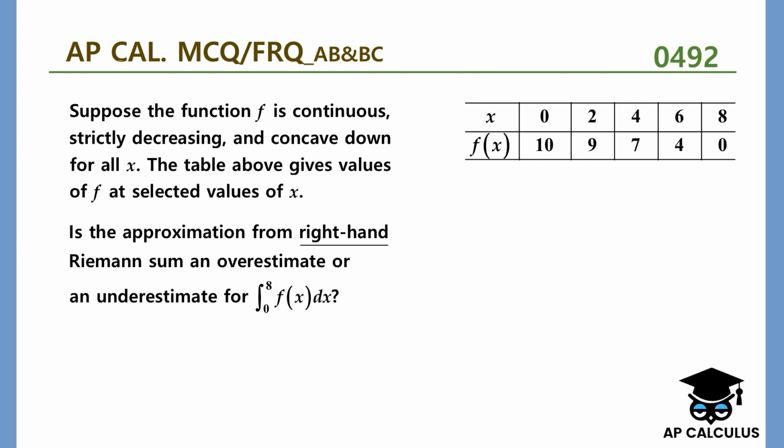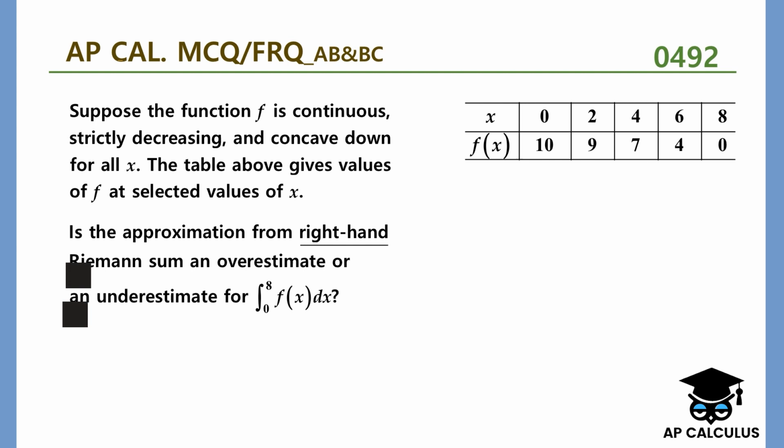Question 492. Is the approximation from right-hand Riemann sum an overestimate or an underestimate for this definite integral? As we talked about in the previous problem, it depends on whether the function is increasing or decreasing.